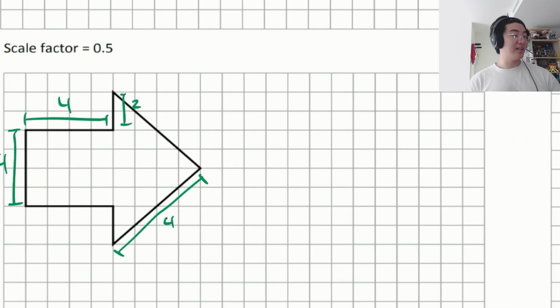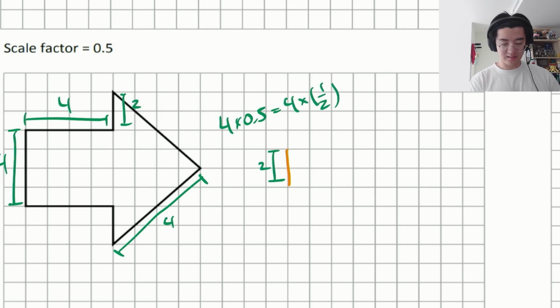Everything times 0.5 is the same thing as dividing everything by 2. 4 times 0.5 is the same as 4 times 1 over 2, divided by 2. So that's 2 here, and 2 here. Right here, the original measurement is 2, half of this is 1. Here we're going diagonally by 4, and halved, it's going up by 2.